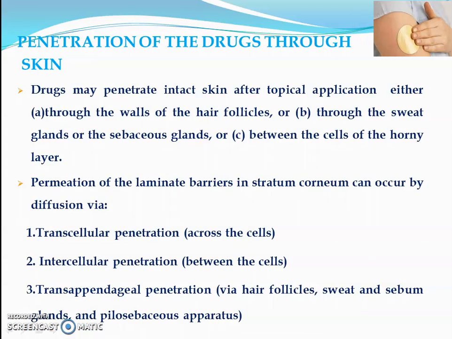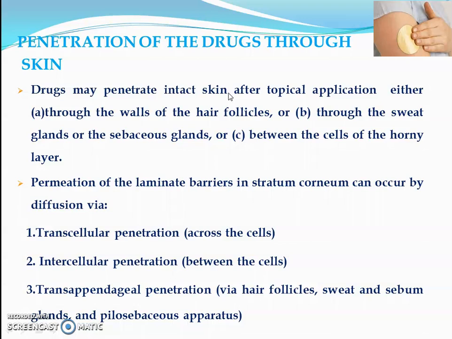Then, penetration of the drug through the skin. How may the drug get penetrated through the skin and go into the systemic circulation? The drug may penetrate into the skin after topical administration, either through the wall of the hair follicle, through the sweat gland or the sebaceous gland, or between the cells of the horny layer.